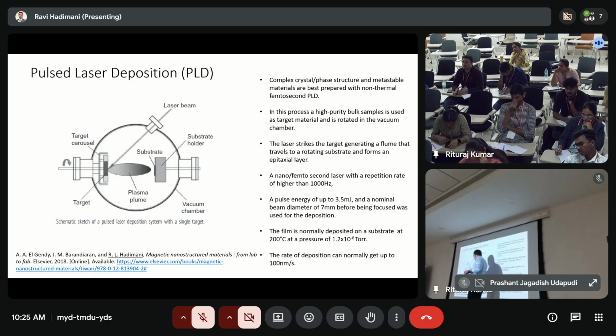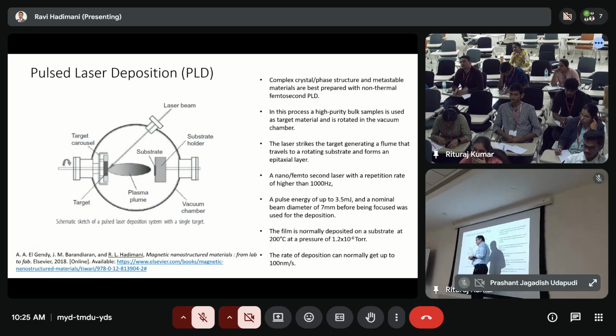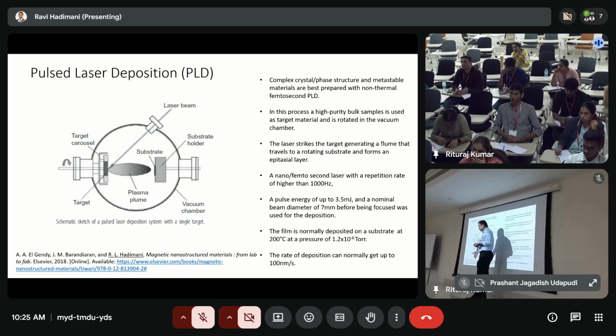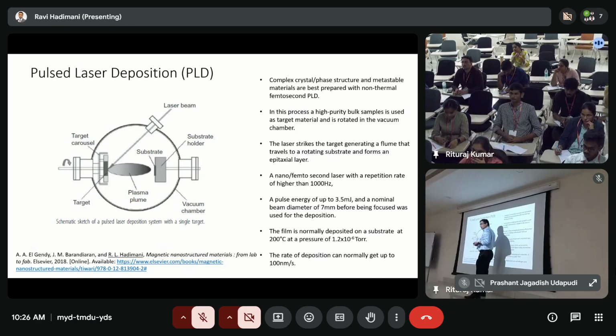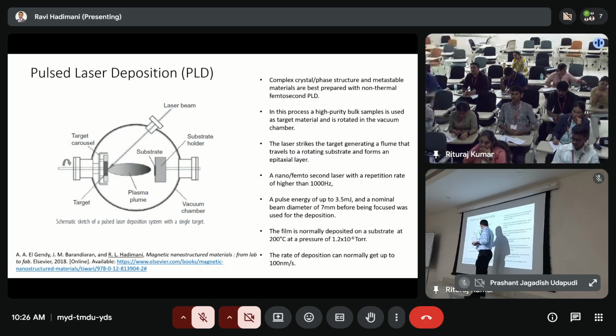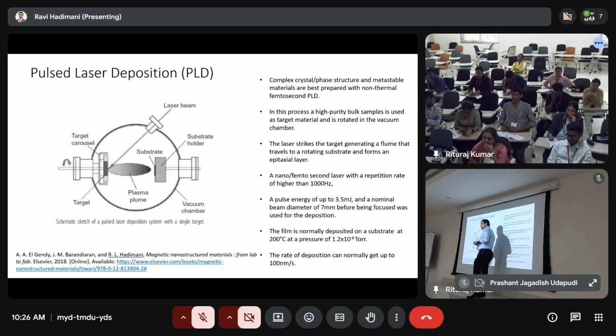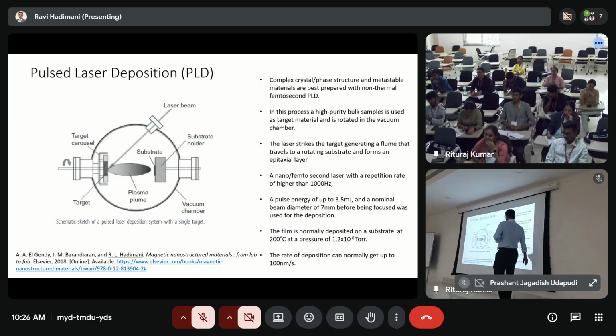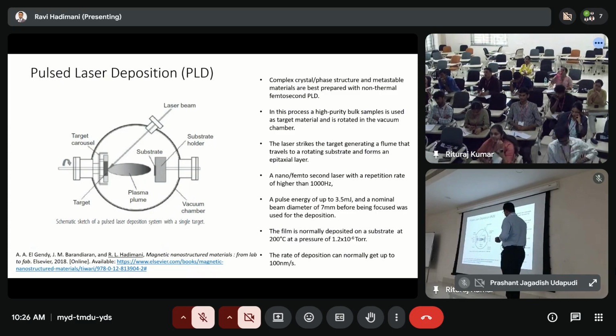And the fume comes out, the vapor comes out and hits the substrate. Again, you put a shutter here. When you want to start the deposition, you open the shutter, the fume starts to deposit on the substrate, and when you want to stop, you close the shutter.